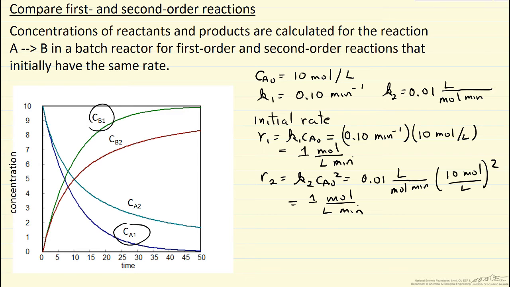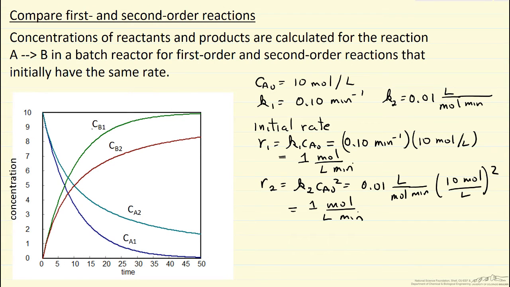In the second order reaction, as the reactant concentration decreases, the rate decreases faster, and the end result when we compare the two is that after a given time we have a higher conversion, a higher concentration of product, for the first order reaction.